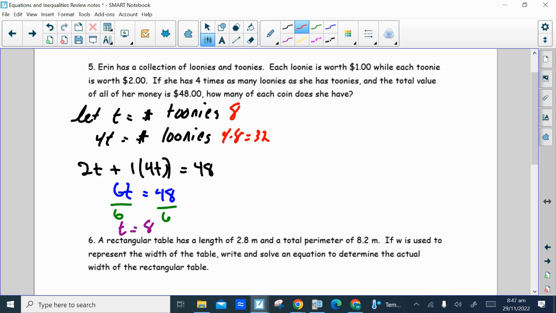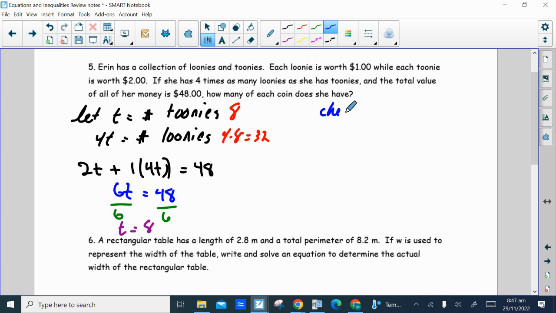So just as a quick check, the first thing is that the number of loonies is 4 times the number of toonies. 4 times as many loonies as she has toonies. So that part works out. The other part is that there has to be a total of $48 there.